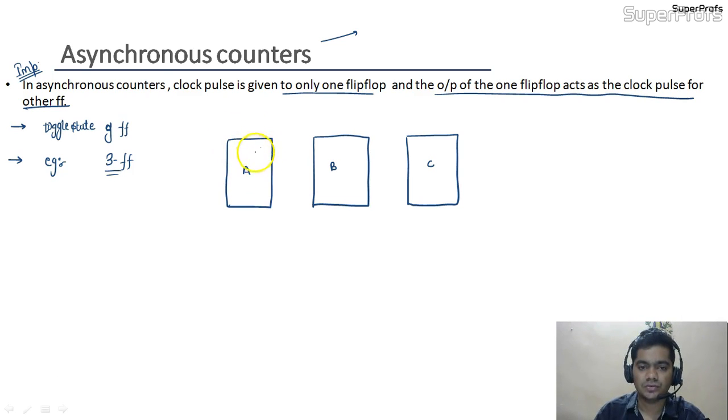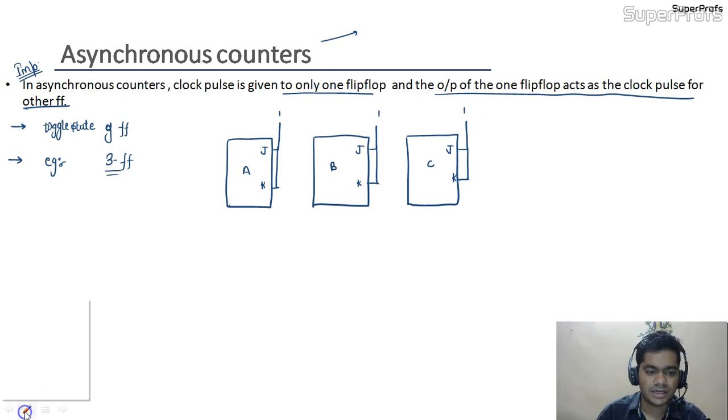So to use the toggle state for a JK flip-flop, we apply J and K with logic 1, like this. This is connected to logic 1. For this J and K the input applied is 1, so that we can have the toggle state of all the flip-flops. Okay, this is logic 1.